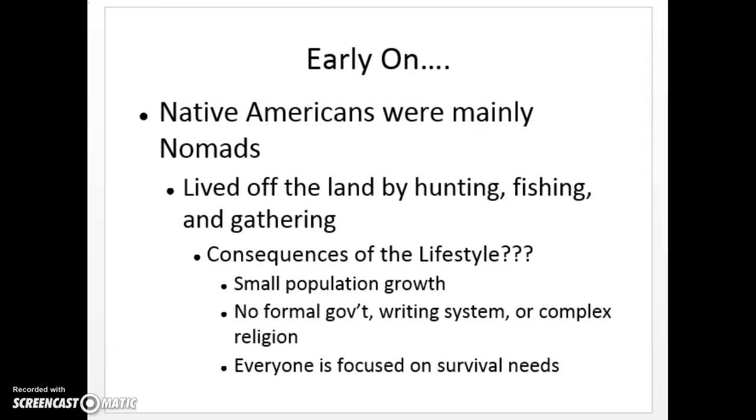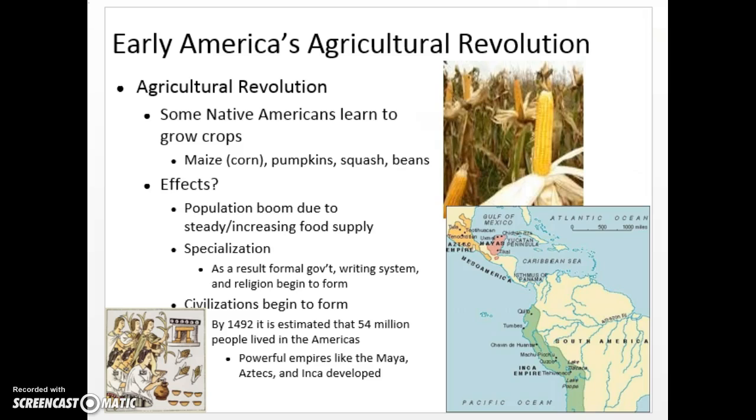It's the hierarchy of needs, if you've studied psychology: the first thing they go after is the ability to survive, more so than culture or society. For the most part, that's what they're focused on, and that doesn't allow them to develop more complex societies.